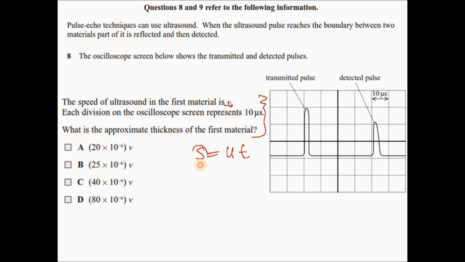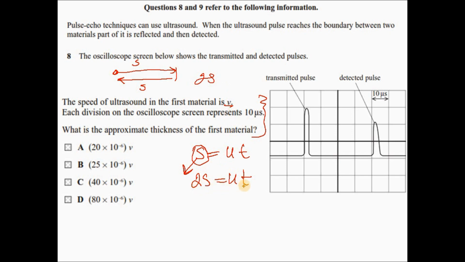This is not just the distance, this is double the distance. So 2s equals ut. We always use double the distance because of the pulse and echo. Like this is the transmitter sending and then reflecting back. So if one way distance is s and then s, the total is 2s.